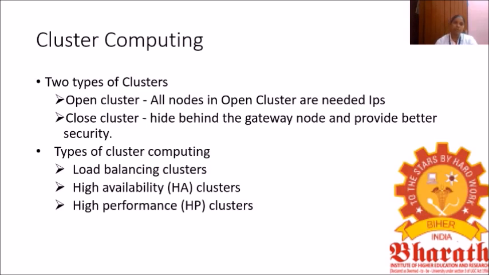Next, we are going to see the topic high availability, that is HA cluster. A high availability cluster is bunches of computers that are reliably utilized for redundant operations in the event of node failures in cluster computing. Next, we are going to see the high performance cluster. It is otherwise known as the failover cluster.